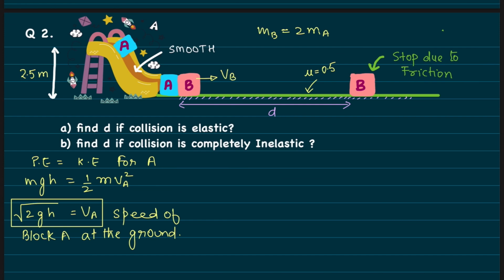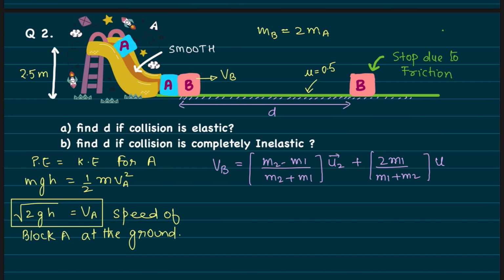We can easily calculate the value of Vb using the formula we know: Vb equals (m2 minus m1) divided by (m2 plus m1) times u2, plus 2 times m1 divided by (m1 plus m2) times u1.